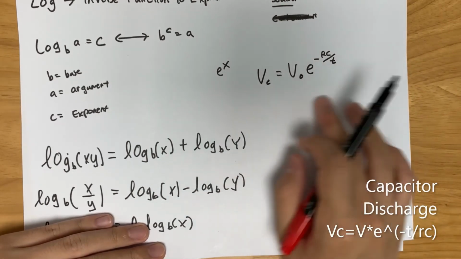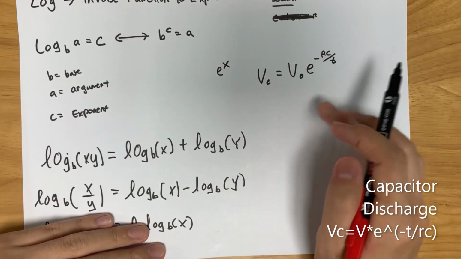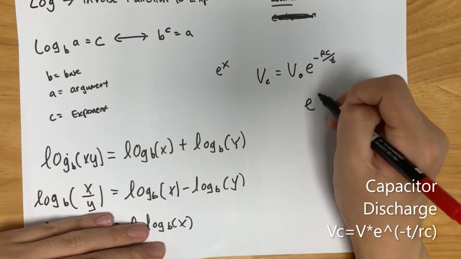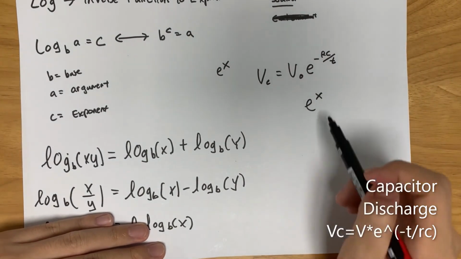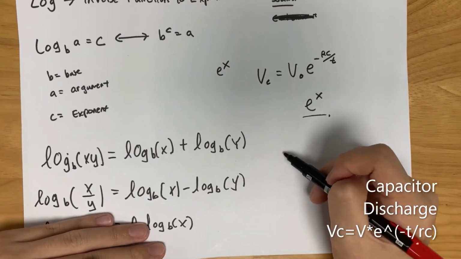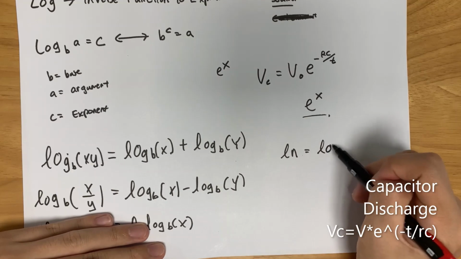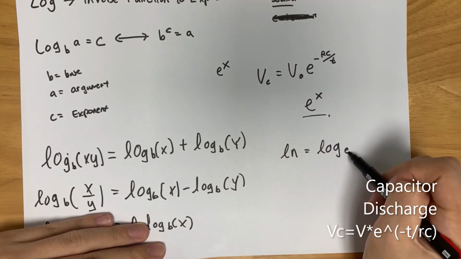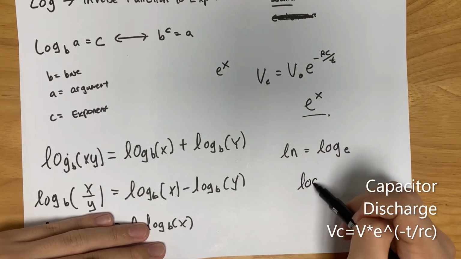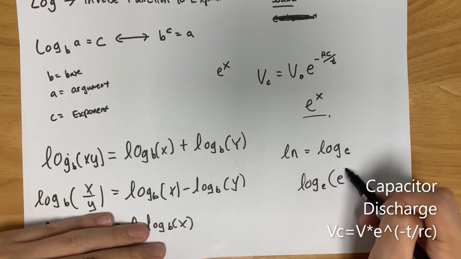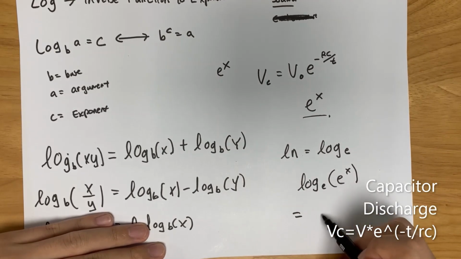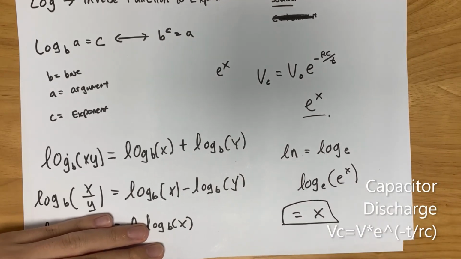If you have a formula like this, and for formulas such as e to the x, if you take the natural log, which is log of e, if you take log of e to the x, it will come out to be x.